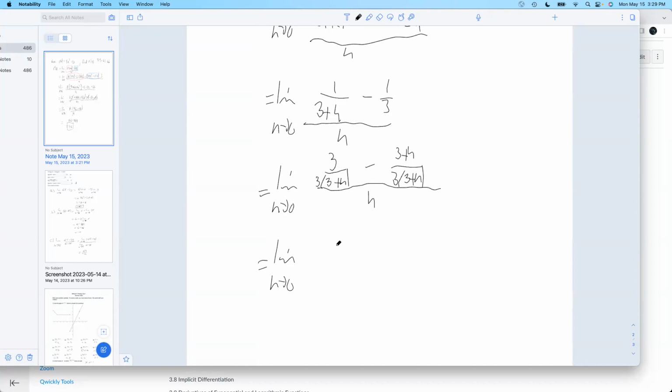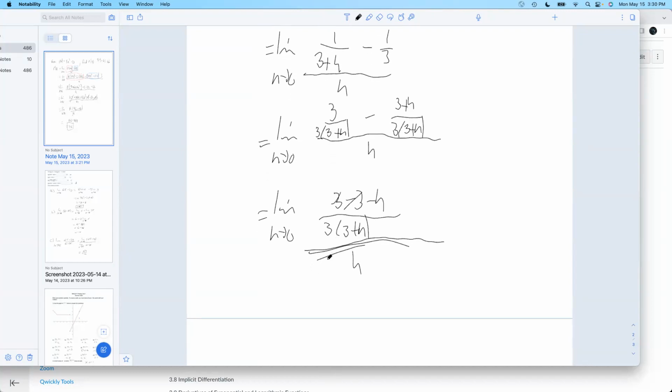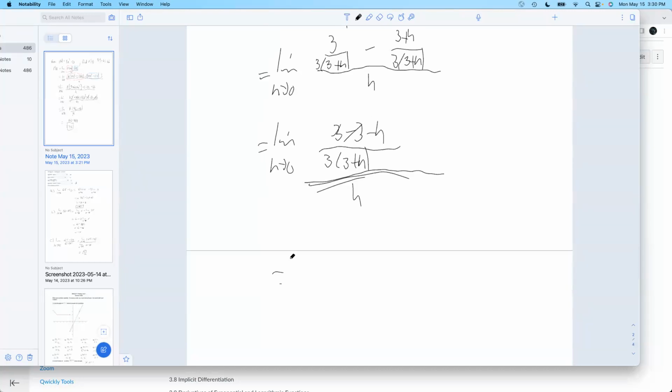Okay, now I have a common denominator, so I can just add the numerators together. So I got to distribute that minus. I'm going to have 3 minus 3 minus h over 3 times 3 plus h, all over the big fraction bar here. This is my big division bar, all over h. So those 3's cancel out there. I get the limit as h approaches 0 of negative h over 3 times 3 plus h, all over h. So I've got a fraction divided by a fraction.